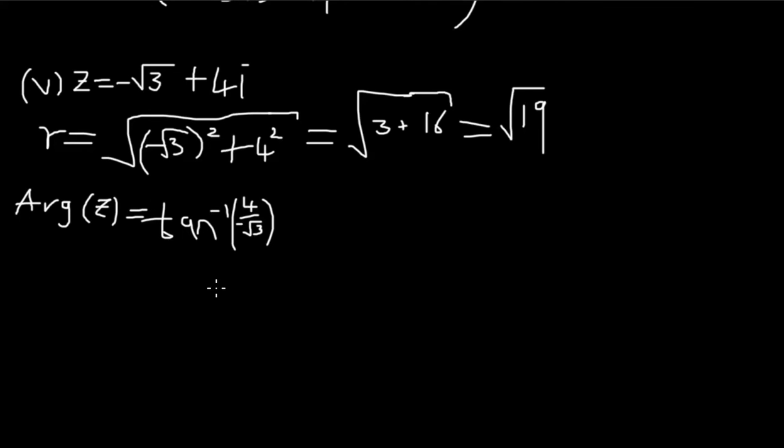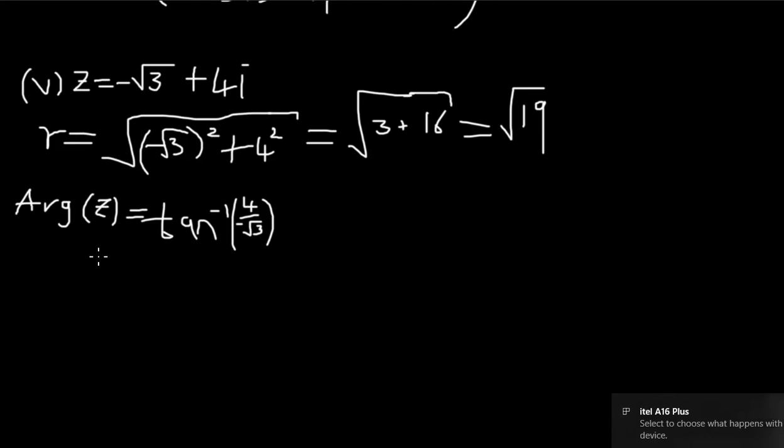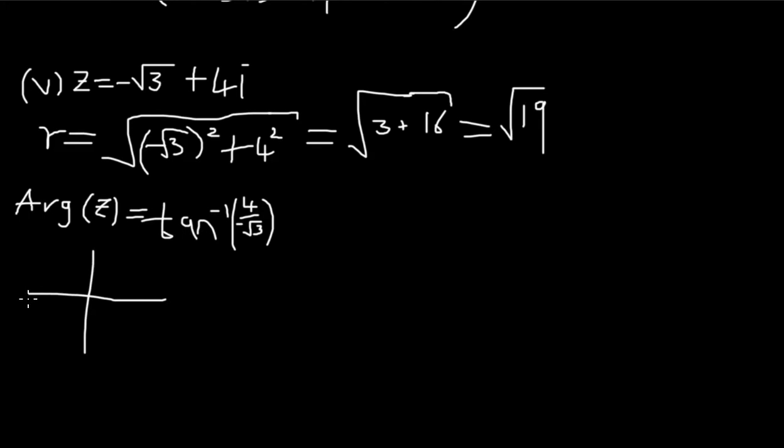So now let us try to plot our complex number. We see in which quadrant it's going to be. So it's going to be like this. Approximately my x will be this side, negative root 3, and then our y will be 4i, which is there.